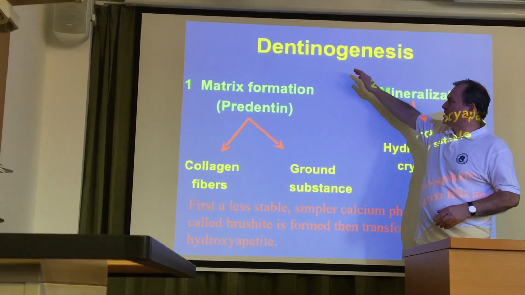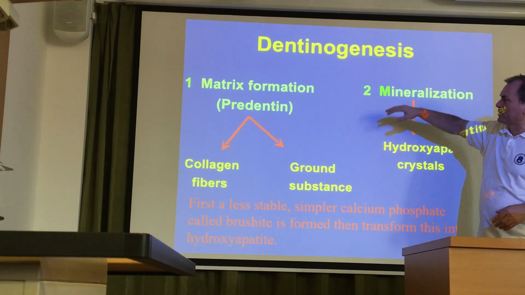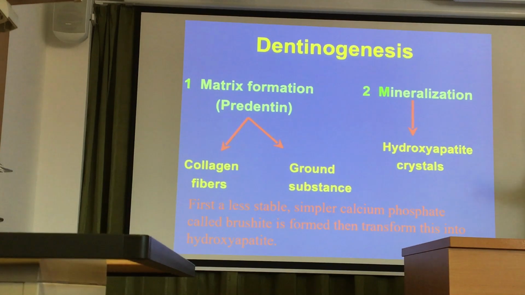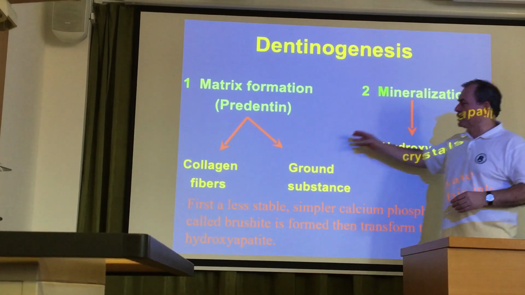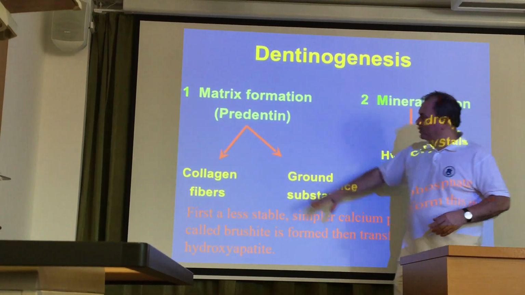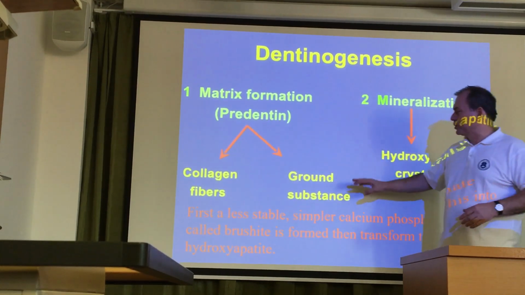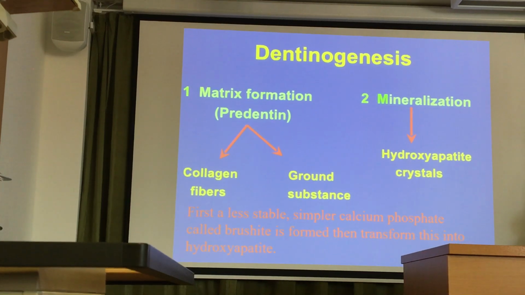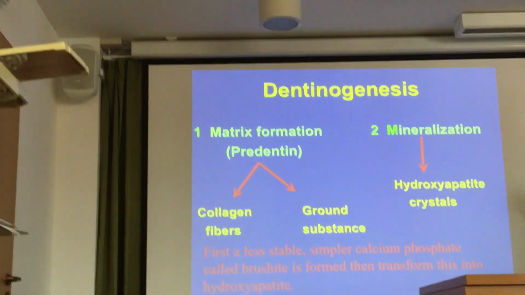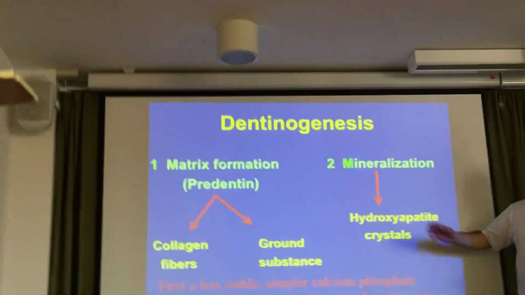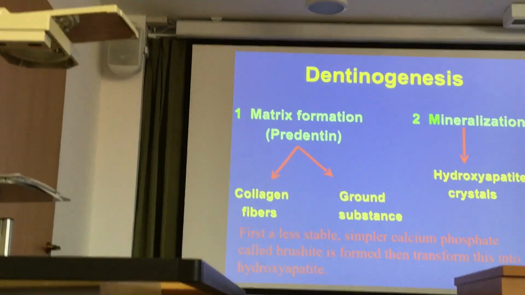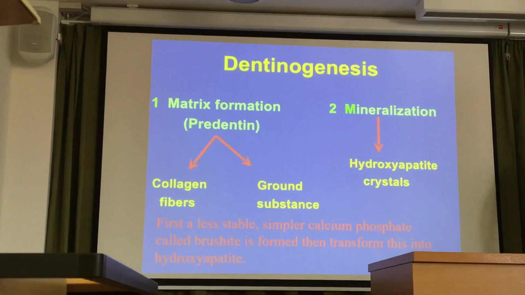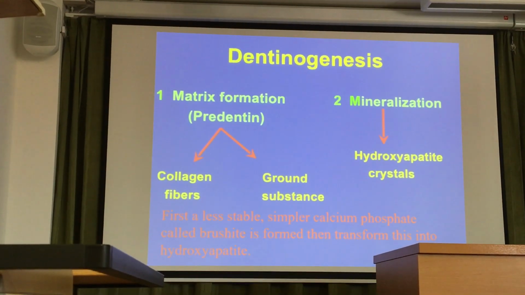For the mineralization, or here the dentinogenesis, first we need a matrix, a scaffold for the mineralization, and these collagenous fibers and even ground substances will serve as matrix for the mineralization, and hydroxyapatite crystals are later deposited on the surface of these matrix components or scaffold molecules.